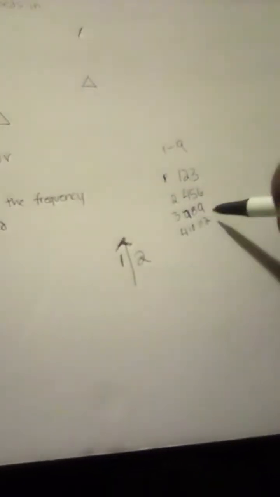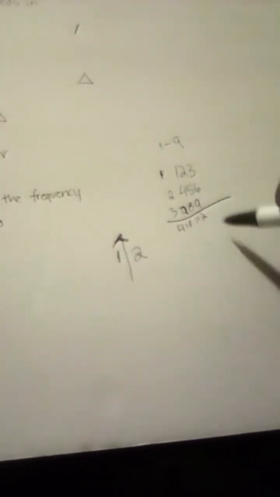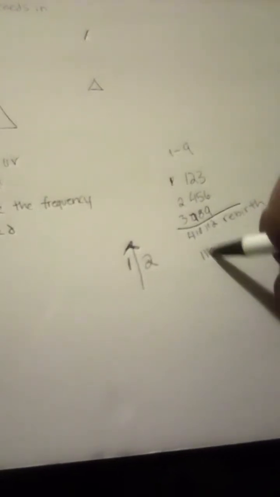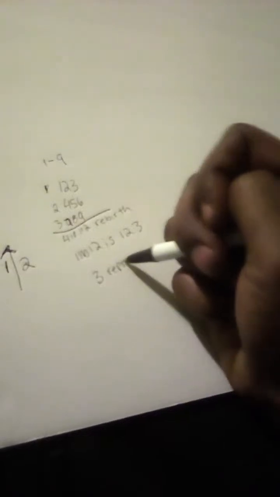So the repeat actually represents a rebirth because 10, 11, 12 is 1, 2, 3. 3 represents rebirth.